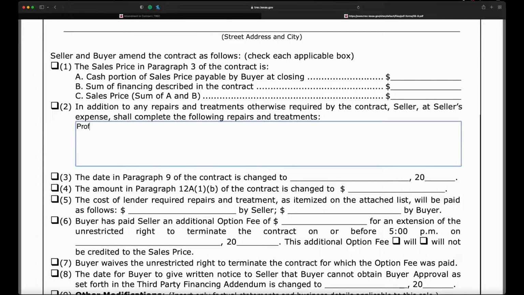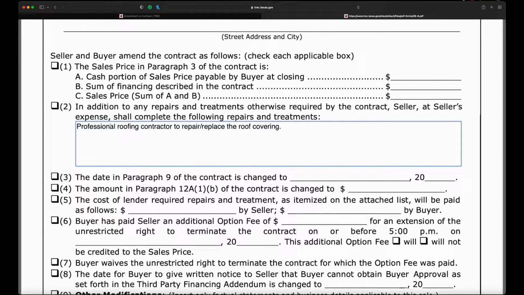So an appropriate response would be something like this: professional roofing contractor to repair or replace the roof covering.